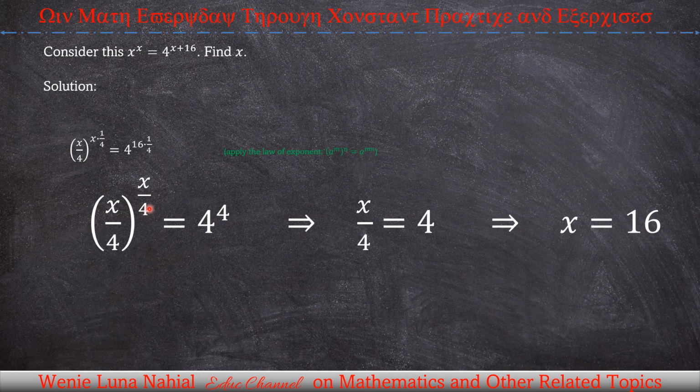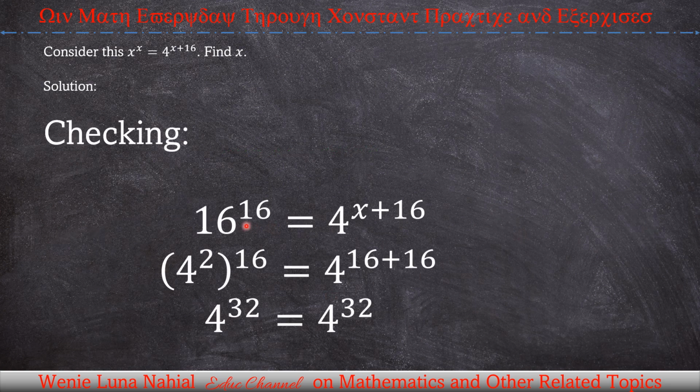So we can equate x over 4 to 4, because the base is 4. So we have x over 4 equals 4. Solving for x, we get 16, because you simply multiply. So our x in the given equation is equal to 16.